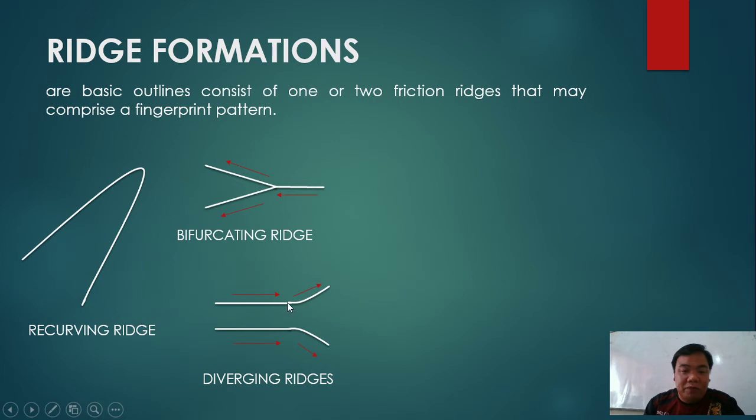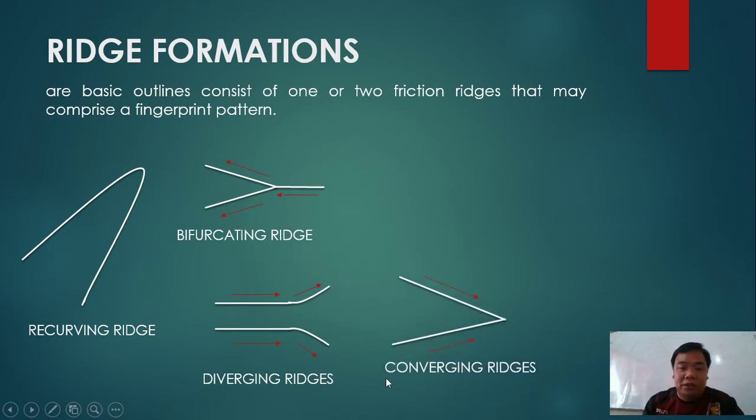The point of divergence is the point at which the two ridges that run side by side separate from one another. One goes in another direction, upward, and the other goes in a downward direction. This is our diverging ridges.